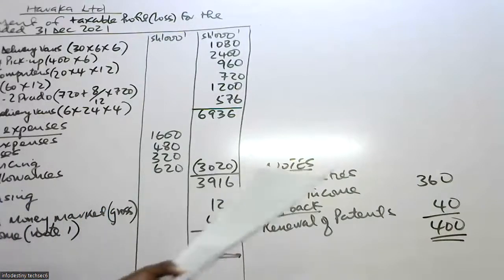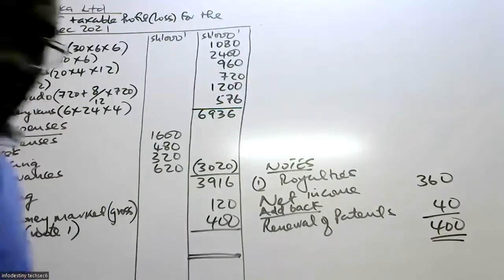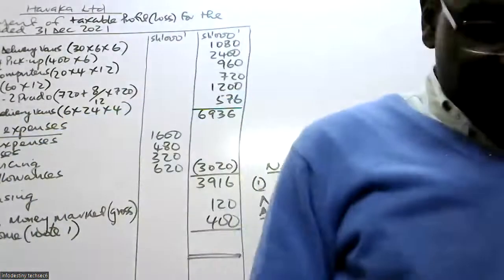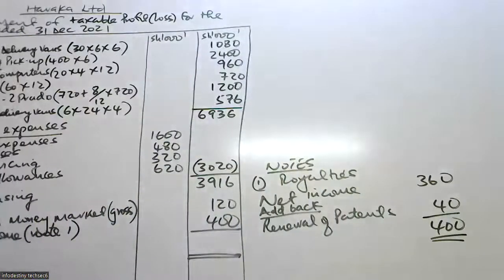For rent, we cannot include it here to tax at corporation tax because it will be subject to a tax of 10% because it's within the 10 million.